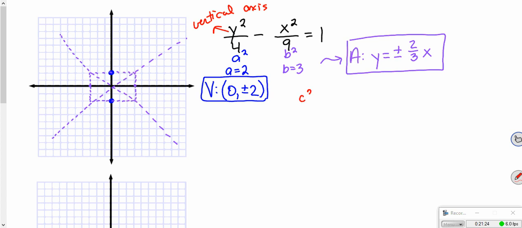Remember that c squared equals a squared plus b squared. Well, this is 4 plus 9, or 13, so c equals root 13. So my foci, remember, are always on your transverse axis, and are going to be 0, plus or minus root 13.